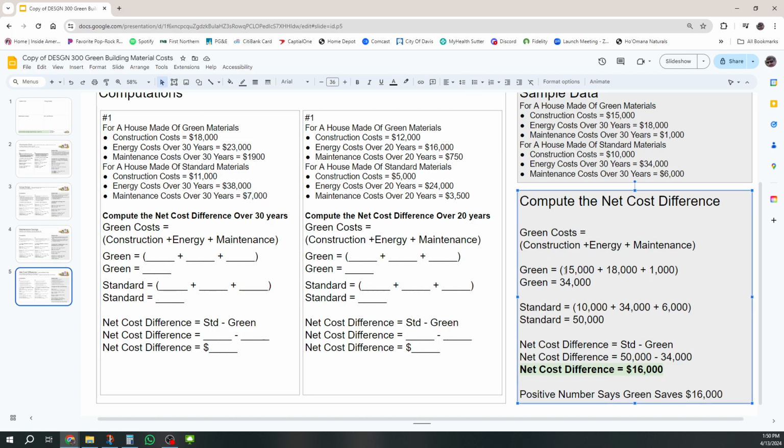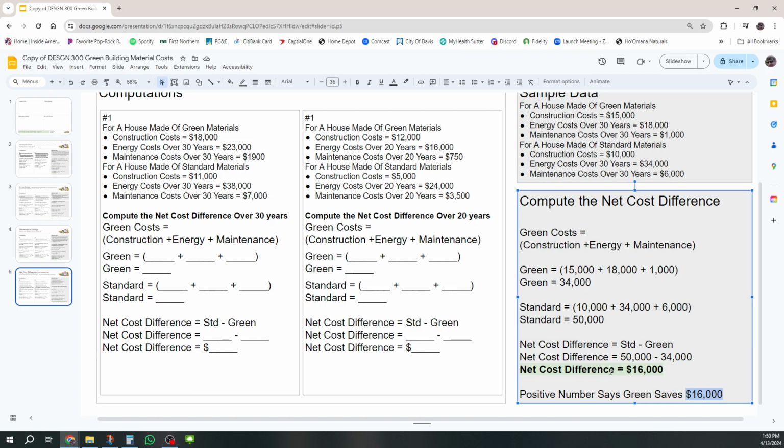So this is how you do it. You just add up your construction plus energy plus maintenance. And same for the standard. And then look at the net cost difference. It's standard minus green. Okay, and if this number is positive, it means standard costs more. So green saves that number.